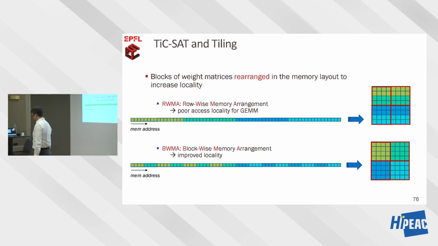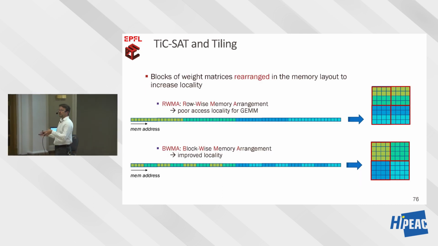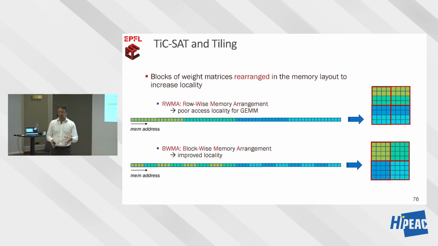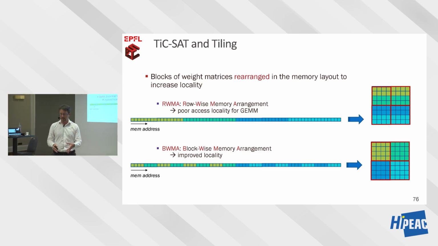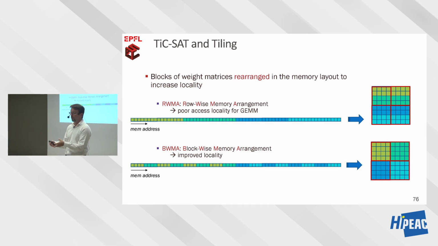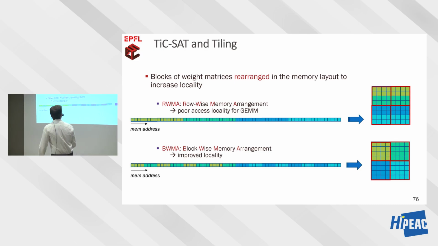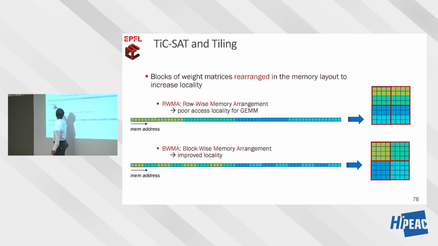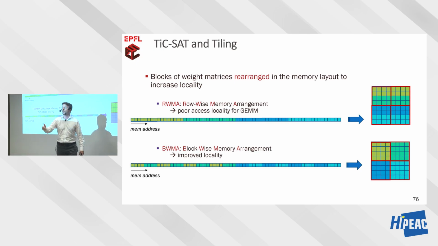Which means that as we are processing inputs tile by tile, we are not accessing our data in memory in a completely linear way. But as we proceed, we have to jump from some memory addresses to some other memory addresses if our matrix is stored linearly, row-wise in memory.